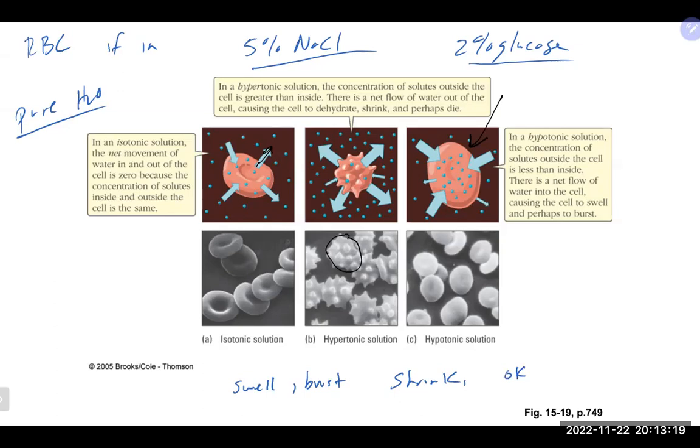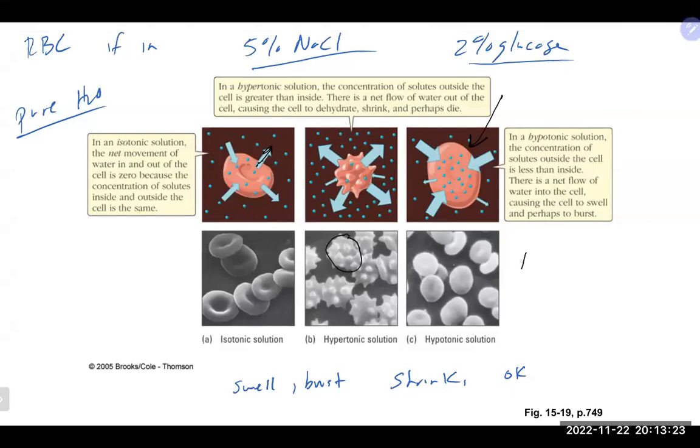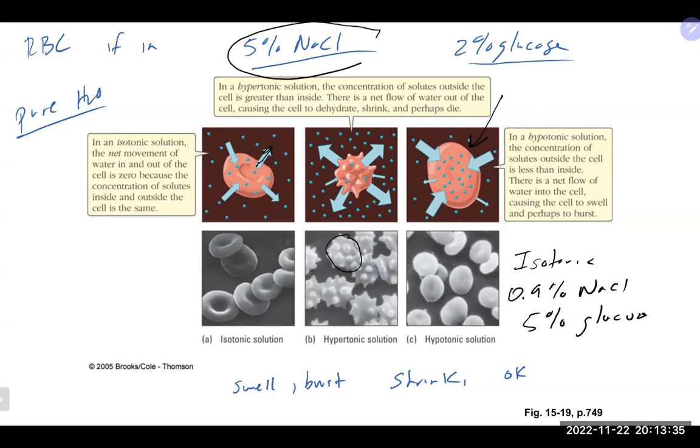All right, so let's take a look and decide here. So first off, we should remember, again, our isotonic solutions, 0.9% sodium chloride and 5% glucose. So that's really the ones we want to compare to. So we'll start with the 5% sodium chloride. It is as simple as 5% is larger than 0.9%.